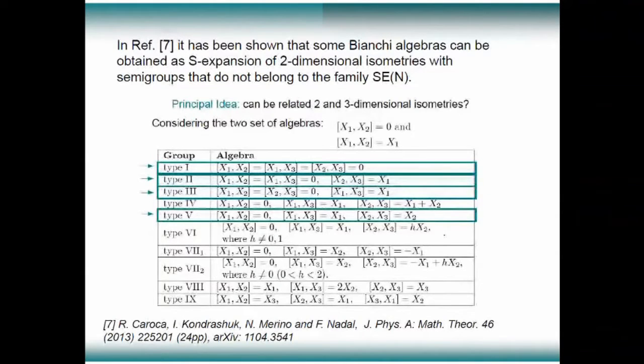In this reference, some colleagues asked whether the algebra is created by an expansion by some semigroup, which ones can be active. They found that it was possible for type 1, type 2, type 1.